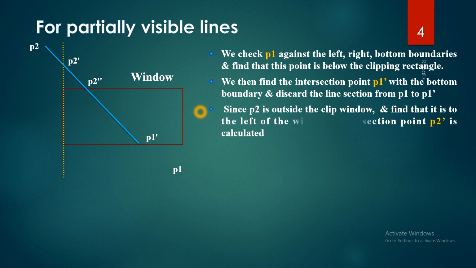Now, P2 is outside of the clip window, and we find that it is to the left of the window. This is our left boundary. The intersection point P2 dash is calculated.